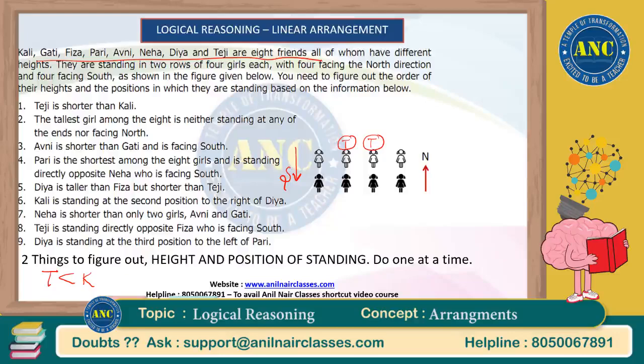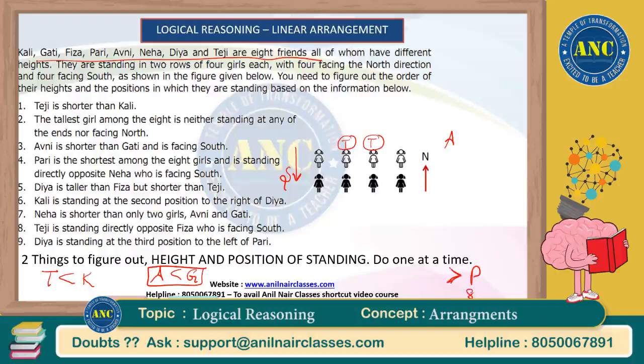Avni is facing south. So Avni is in the top row, and Avni is shorter than Gati. Pari is the shortest among the 8 girls, so Pari would be the shortest one. Everyone is taller than Pari, so her rank would be 8 in the order of their heights.